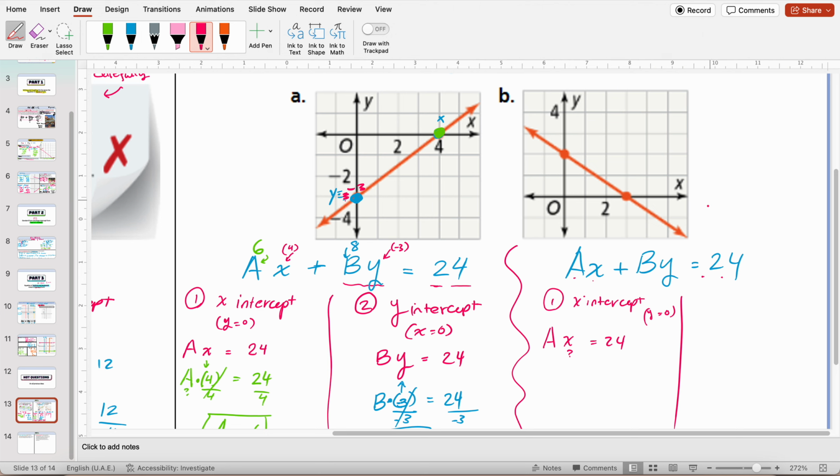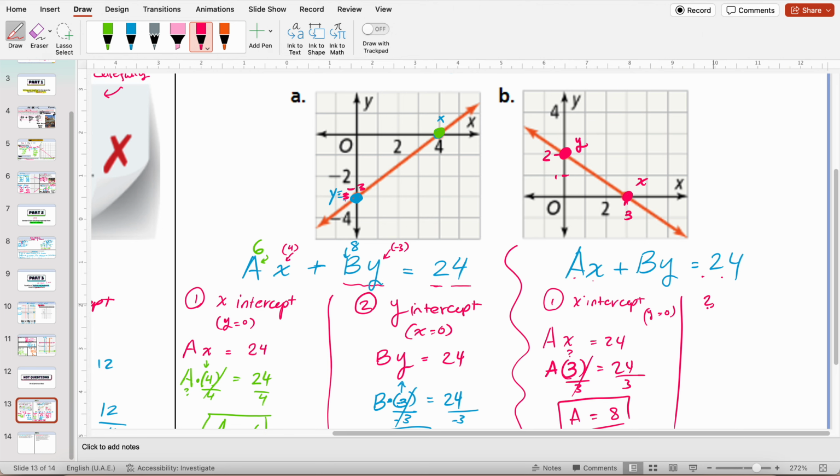I already know from the graph that my x-intercept is here, and my y-intercept is here. The number here should be 3, the number here 1, and here is 2. So the x-intercept should be 3, and I'm going to find a. Just divide by 3 both sides. A is 8. That's it.